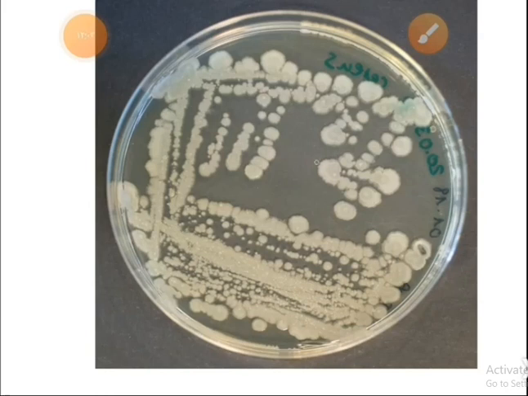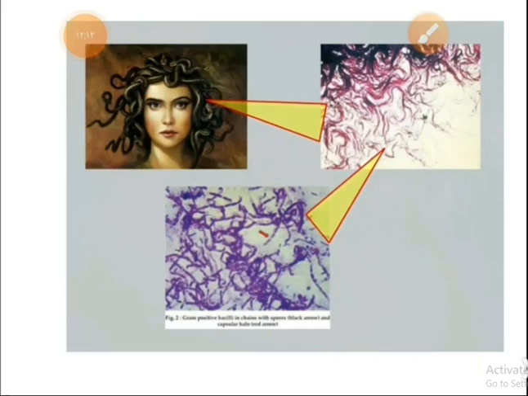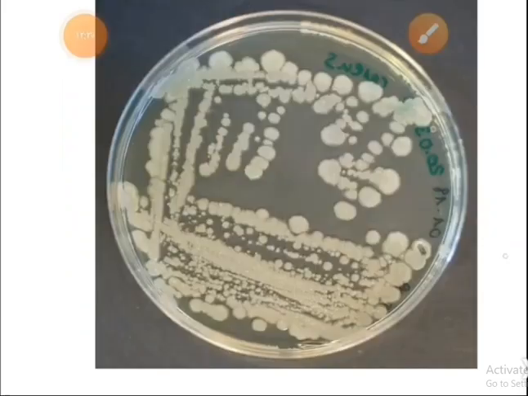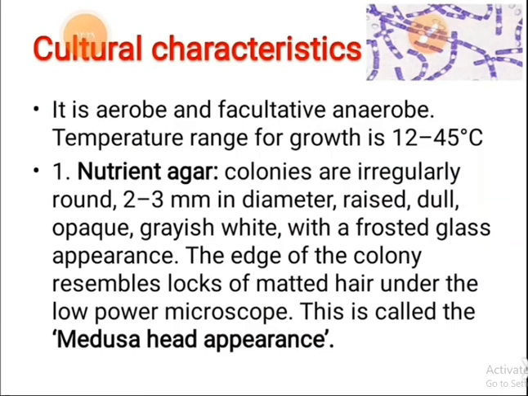The edge of the colony, when examined under the low power of the microscope, shows this characteristic medusa head appearance. Under oil immersion, a smear prepared from these colonies shows the characteristic gram-positive bacilli, spore-forming, arranged in chains.